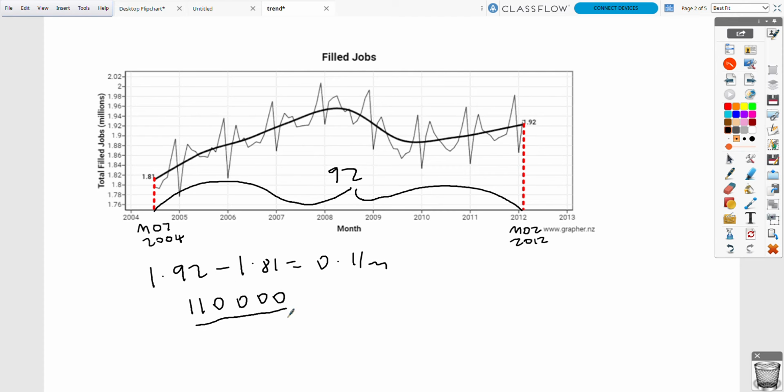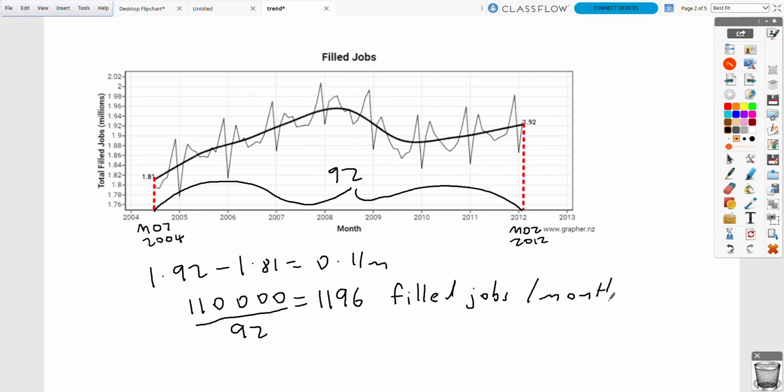So if I divide this by 92, that's going to give me an average in the change in total filled jobs per month, the average gradient of my trend line, which is 1,196 total filled jobs in New Zealand per month.